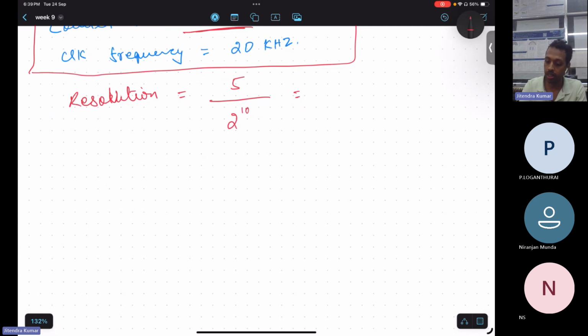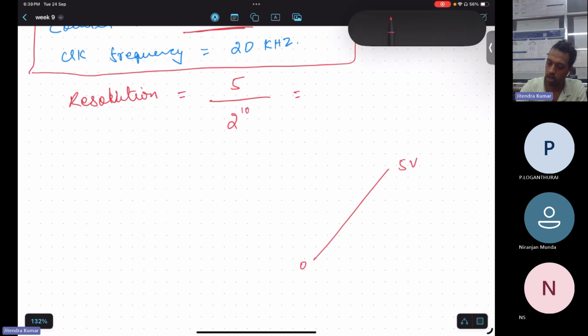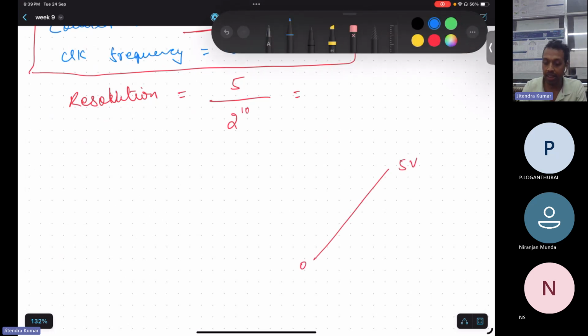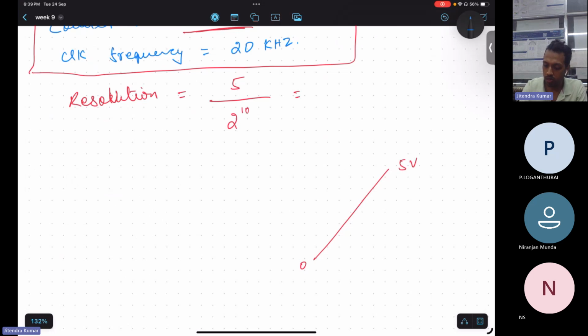So what does it mean? To reach the 5 volt, since it is a linear ramp type, 5 volt to 0 volt, if it has 10 bits, which means 2 raised to power 10 steps it will take to reach the 5 volt.